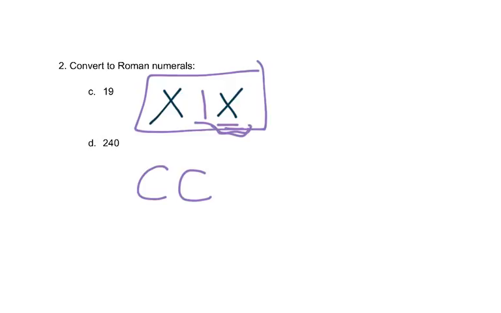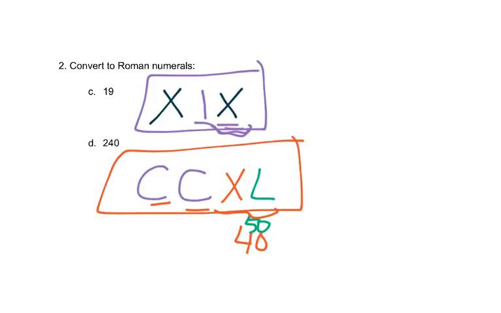So we'll use an L for 50. Now we don't really want 50, we want 40. So we want to take 10 away from that 50. So we'll put a 10 in front of that 50. And that together gives us 40. So now we have 100 plus 100 is 200, and 240. So we have CCXL.